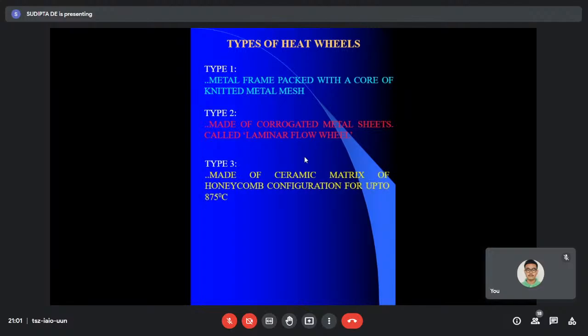Third one, we call it made of ceramic matrix of honeycomb configuration for up to very high temperature, 875 degrees Celsius. What is a honeycomb structure? Nature teaches us. Nature is the greatest engineer and simultaneously the greatest scientist and greatest artist also.